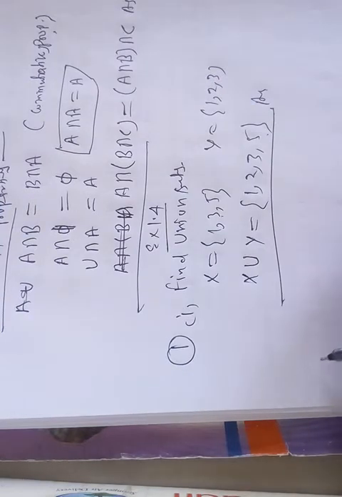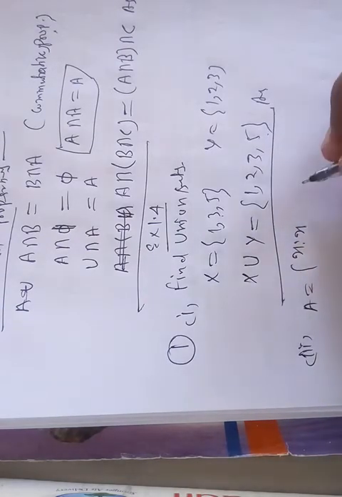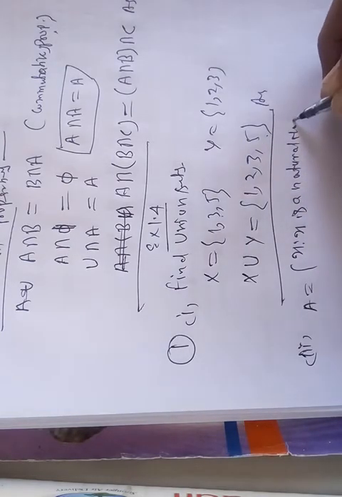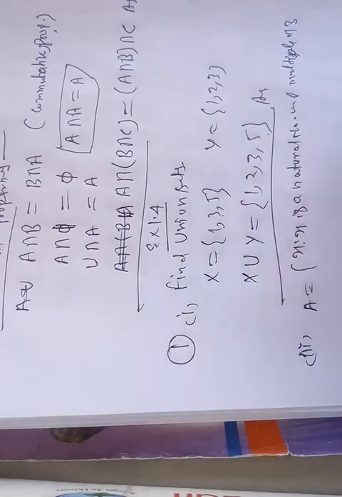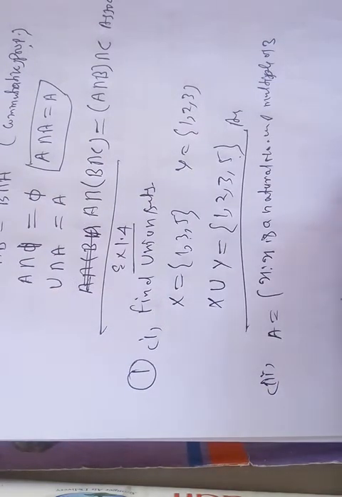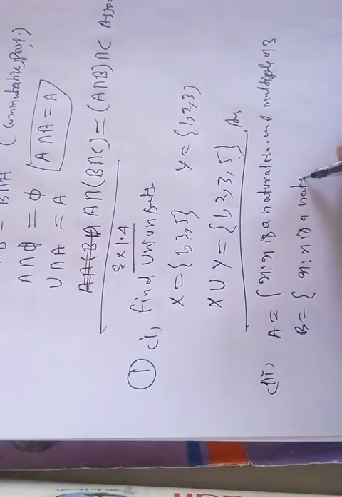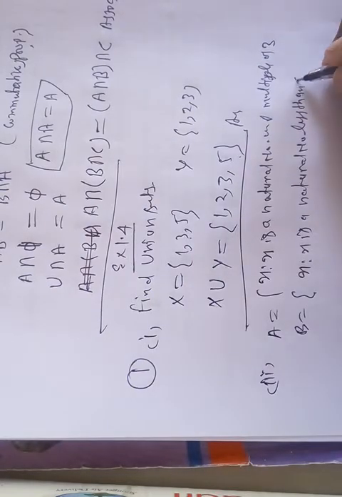Now the third part of this question. A equals {x such that x is a natural number and a multiple of 3}, and B equals {x such that x is a natural number less than 6}.